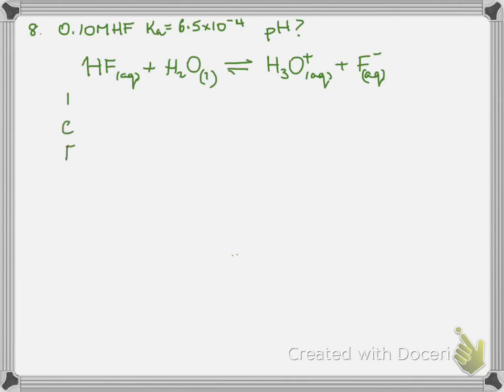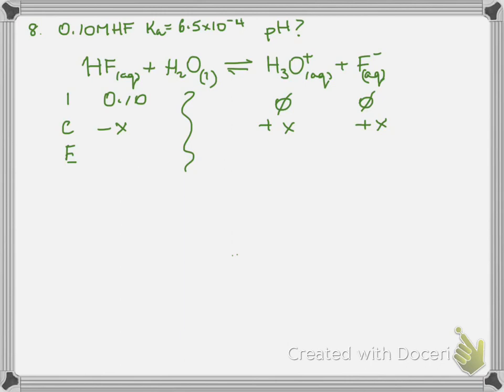ICE for the icebox. The initial concentration of HF is 0.10, water again, and 0 and 0 for the ions. We'll say that X amount of the HF dissociates, so minus X, and it will create a change of plus X and plus X for the ions.